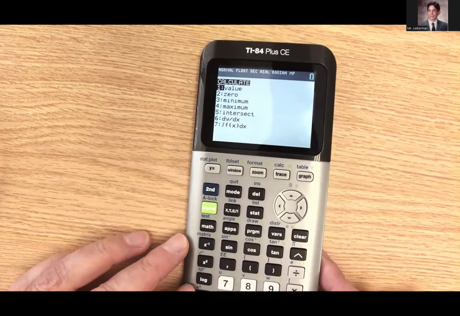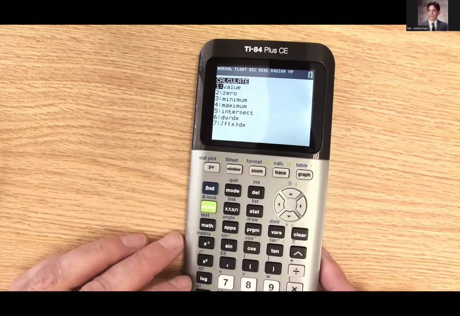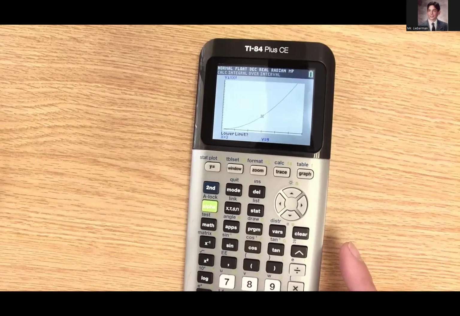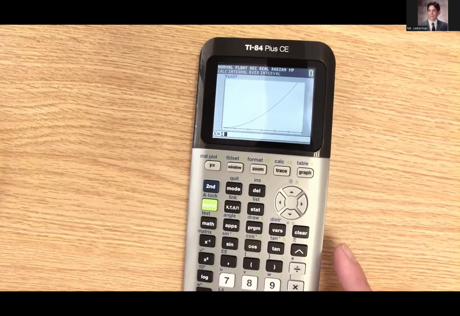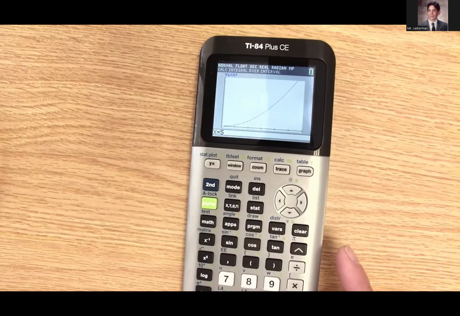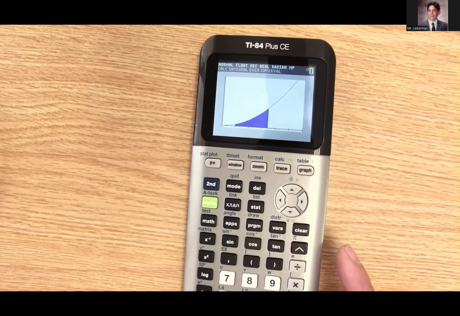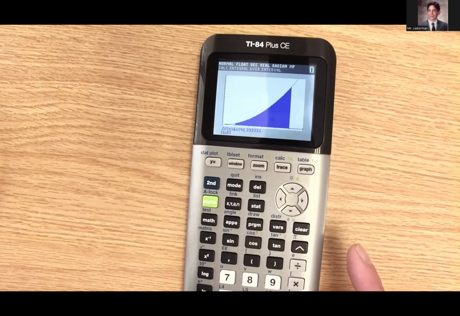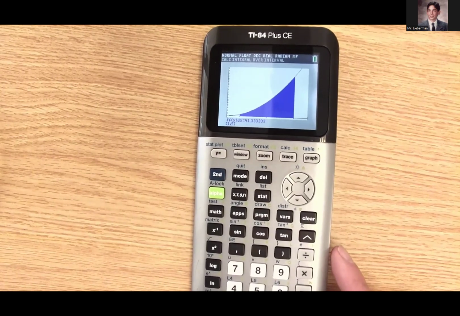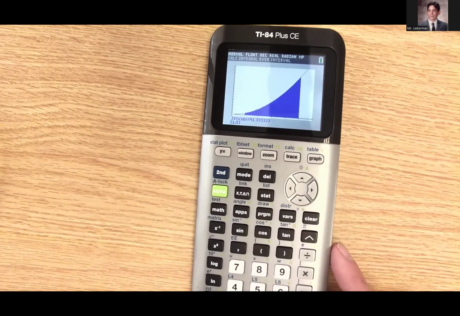You could just type in the number for the lower limit, you'd have to arrow down. It's from 1 to 5, is it? You get it? It is pretty cool.